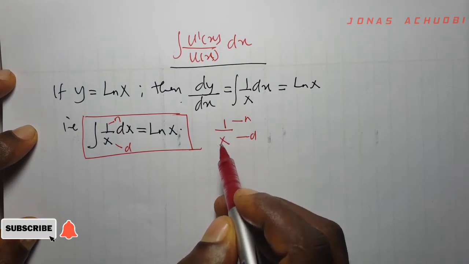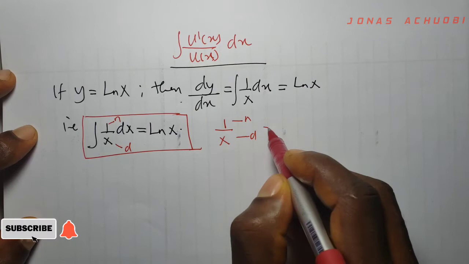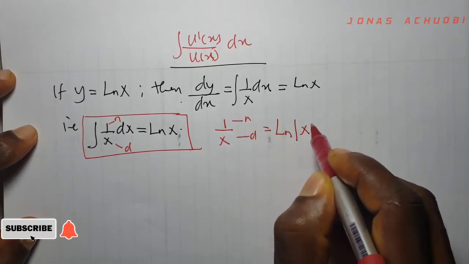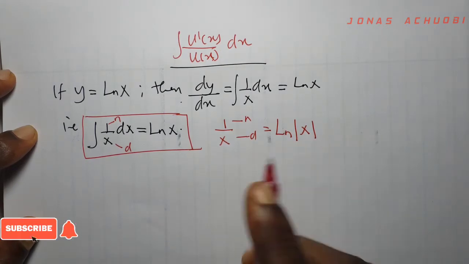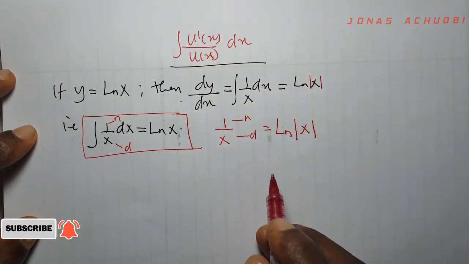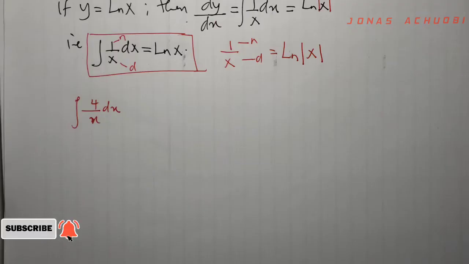And once we encounter such a function under our sign of integration, we simply write the answer as what? The ln or natural log of the denominator, which is what? Ln x in this case. So the integral of 1 over x dx is simply what? Ln x in absolute values. We shall take other examples now to illustrate this process even more.